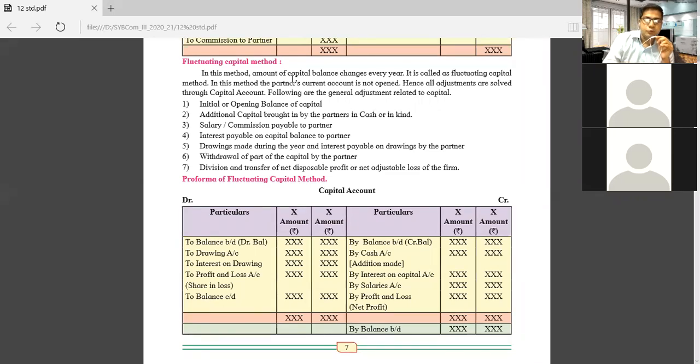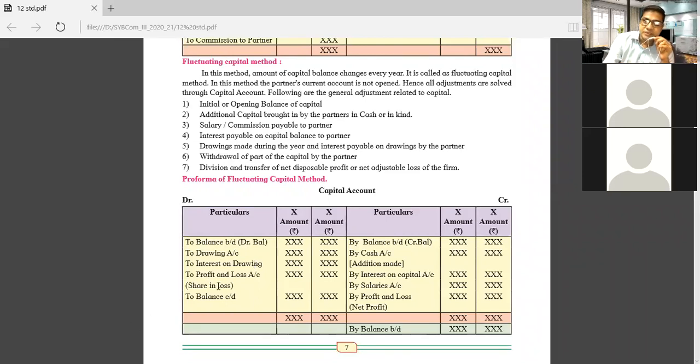If you see the credit side: cash brought by the partner, interest received by the partner on capital, salary received by the partner, and profit received by the partner are credited. What is debited? Personal expenses, drawings, interest on drawings as an expense, and loss on business are also debited.